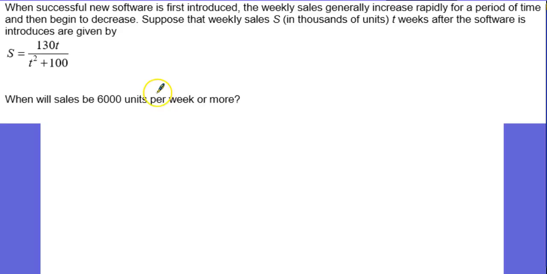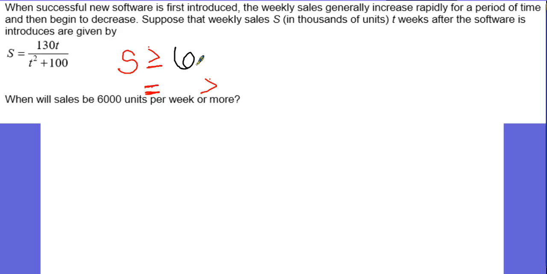Per week or more. So if it was 6,000 units per week, that would be equals. And more would be greater than. So what we're saying is that our sales will be greater than or equal to, be careful, the number I'm looking for is not 6,000, but 6.